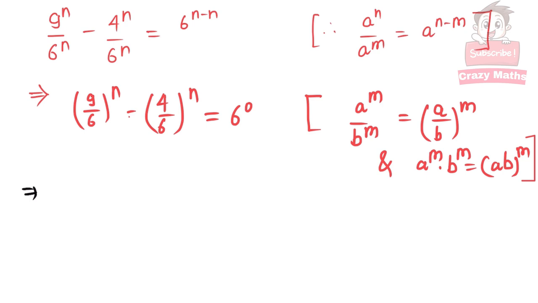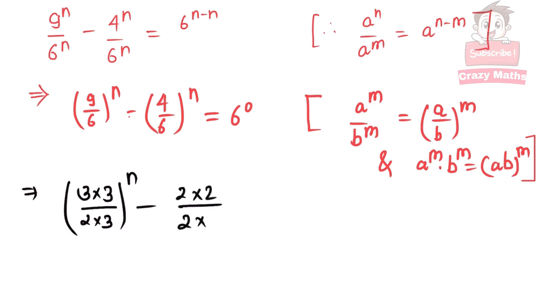We could write 9 equal to 3 into 3. 9 could be in the form 3 into 3 and 6 equal to 2 into 3, whole power n, minus 4 equal to 2 into 2, and 6 equal to 2 into 3. 6 power 0 means 1.